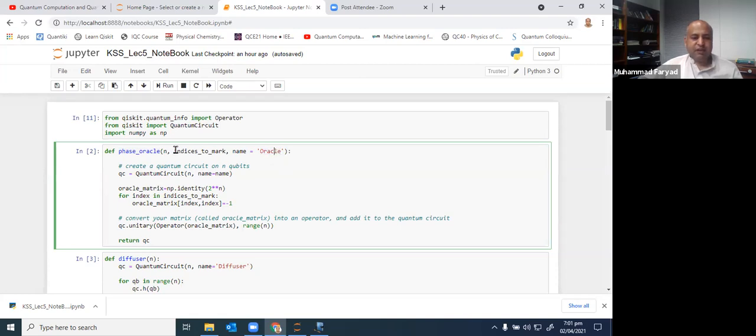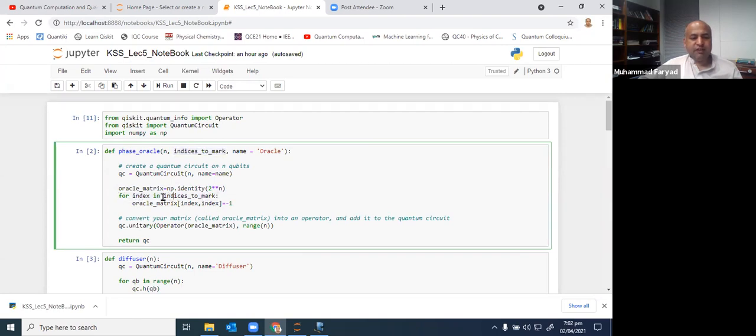And then this is a bit more general program, written for a situation where you can even have more than one solution. Whatever the solutions are, those are the indexes that we want to mark. And then you see, I just have this oracle matrix as an identity matrix with 2 power n entries, but the indexes that I have to mark as negative are being marked negative.